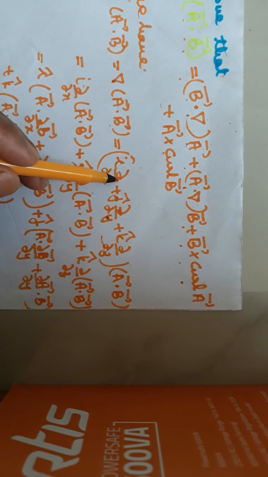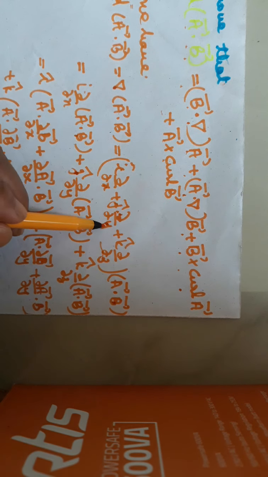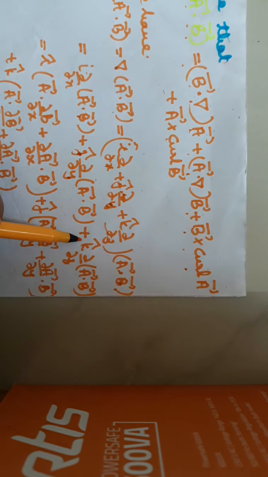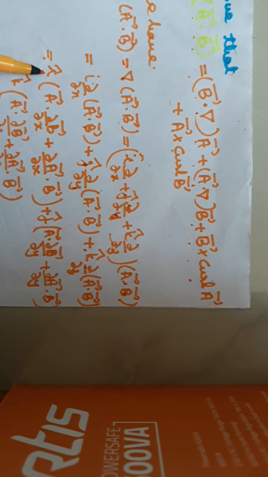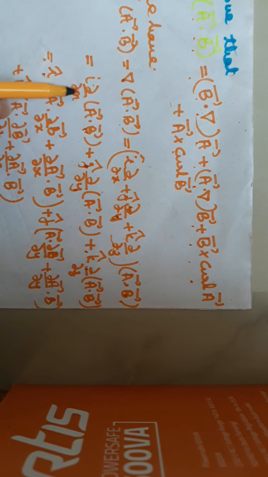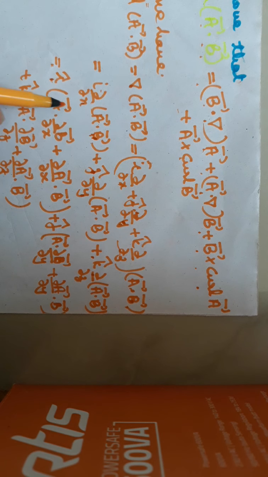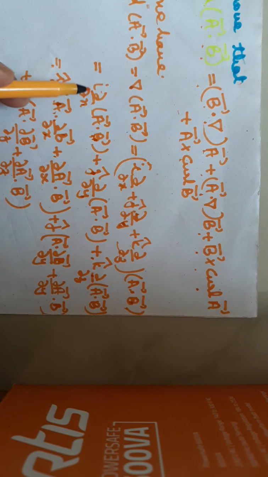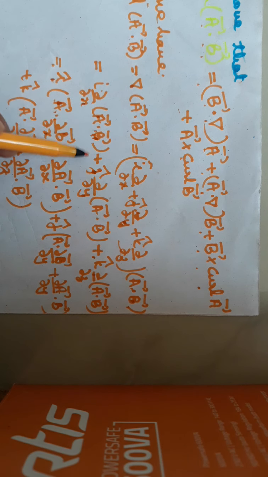Now apply this i del/del x on a bar dot b bar, plus j del/del y of a bar dot b bar, plus k cap del/del z of a bar dot b bar, which is equal to i into, you operate first this del/del x on b bar, keeping a bar as constant. What we have is i cap into a bar dot del b bar/del x plus del a bar/del x dot b bar.